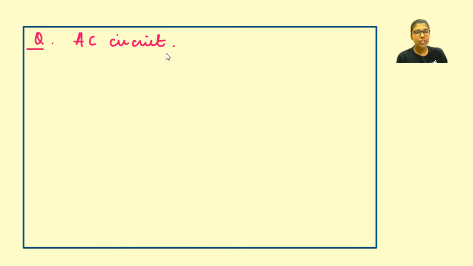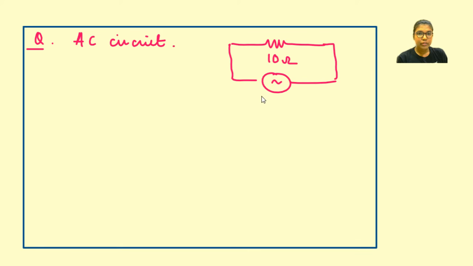I'm repeating, given an AC circuit, it comprises of a pure resistor having a resistance of 10 ohms, and it is connected across a supply of 230 volts, 50 hertz.